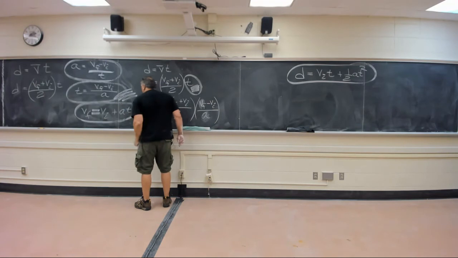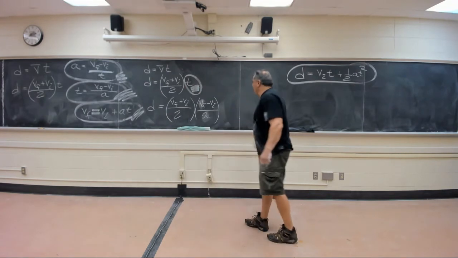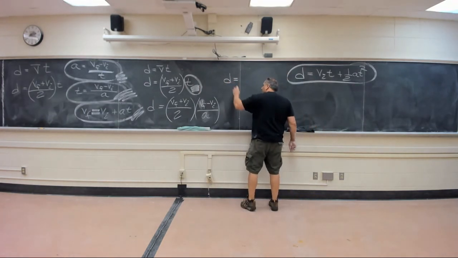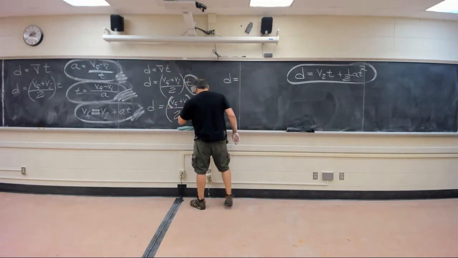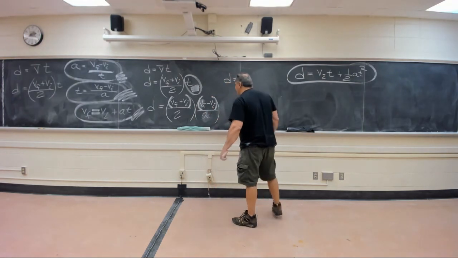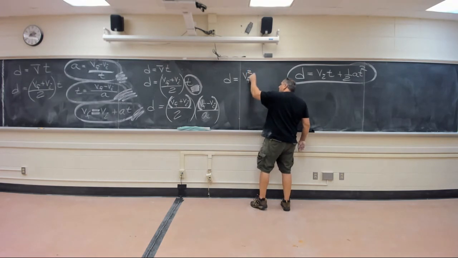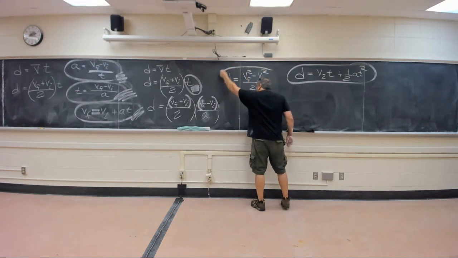I mean, they're all useful. Why don't you take this guy, put parentheses within parentheses. VF squared minus VI squared over 2A. And that ends the story.